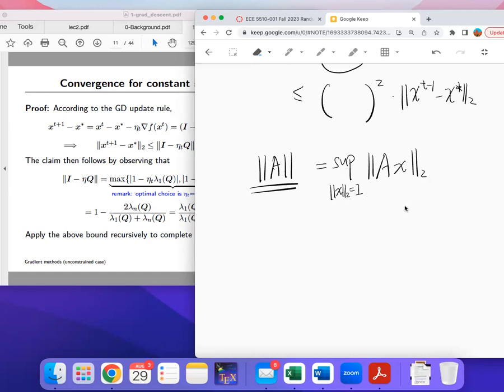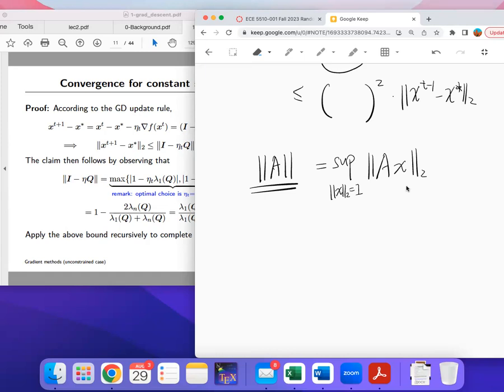Now the question is, among all the vectors that have unit length, what is the longest vector that I can get after applying this linear transformation? If you find that direction, that x is the direction where this linear transformation has the strongest effect.